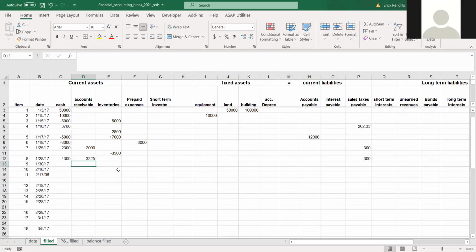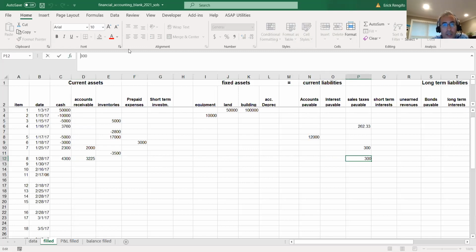You agree? So that's the total I will receive. But this implies, and here comes the trick, that I owe the government not 300. I owe, of course, 300 plus 225. Do you agree? Because from these $3,000, guys, 225 are not mine, they are from the government. So I need to record this for the government, sales taxes.